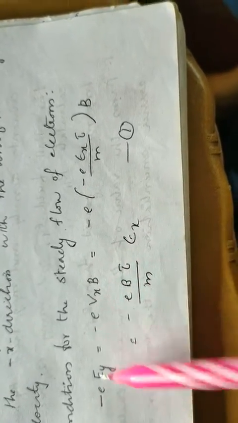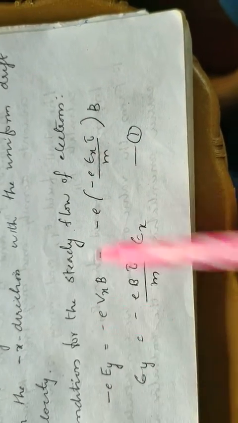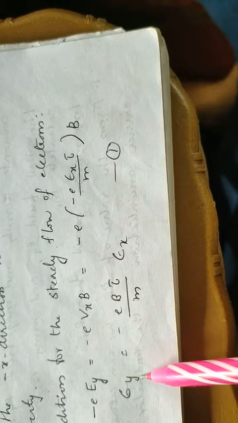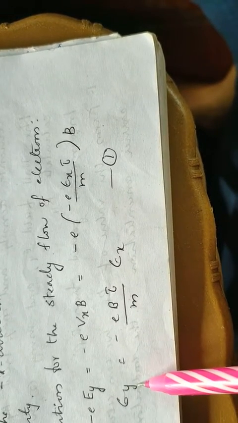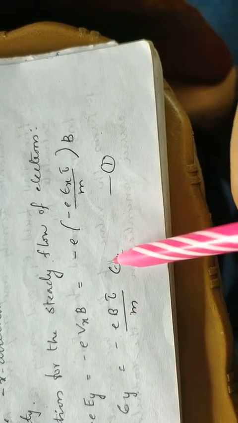When these two are balancing, the electrons are moving in the minus x direction with a uniform velocity. So this equation can be written like this. From this, Ey is equal to minus eB tau by m into Ex.